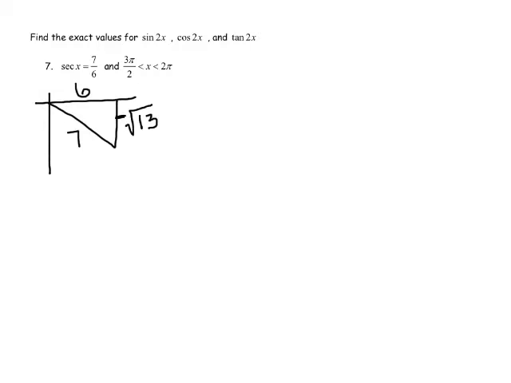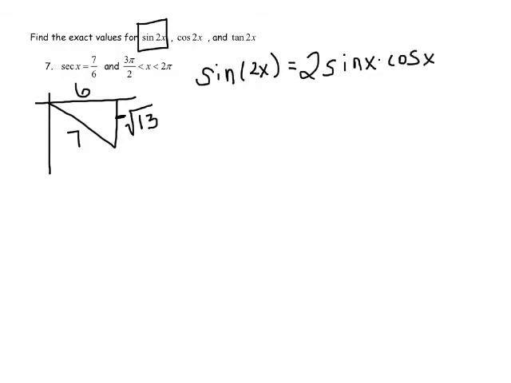Alright, so one at a time, let's do sine of 2x. My identity says sine of 2x is equal to 2 sine x cosine x, which is 2 over 1, negative root 13 over 7, and 6 over 7. So that's negative 12 root 13 over 49.